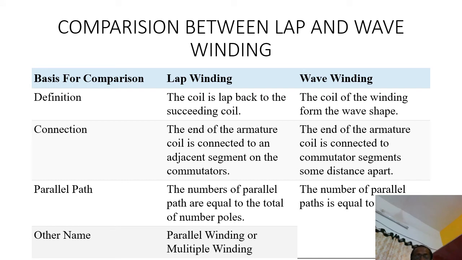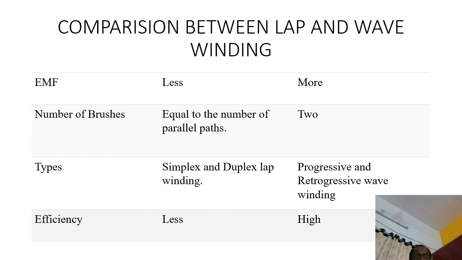Next, the types: simple lap winding and multiple lap winding. EMF: in lap winding, less EMF is induced; in wave winding, more EMF is induced. The number of brushes required in lap winding is equal to the number of parallel paths, while in wave winding it is two.